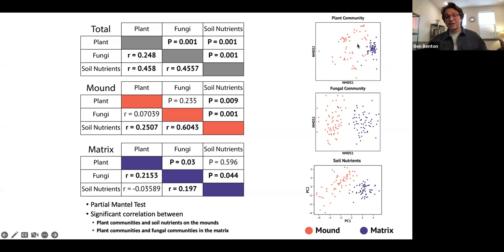But there was more variation in the species present and species abundance in the pimple mounds, and so it forms this larger cloud, these mound plots do. So I think that answers that question. There is more variation in the plant communities on the pimple mounds.